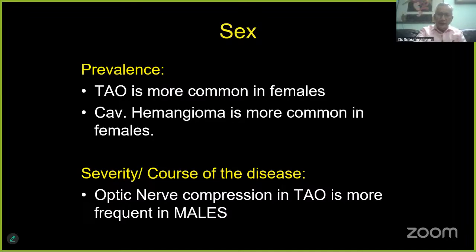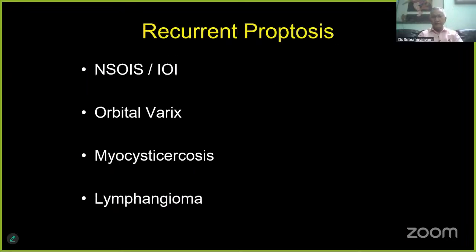So elderly age is again an important major risk factor. Is the proptosis recurrent? That you would like to know. The important causes are idiopathic orbital inflammation, orbital varix, myocysticercosis, and more common is lymphangioma.